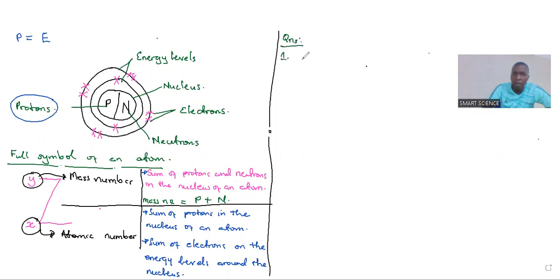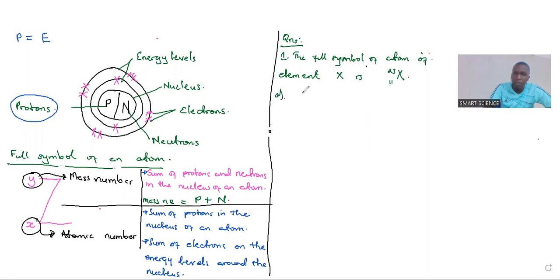And question 1 is telling us that the full symbol of atom of element X is X 11 23.